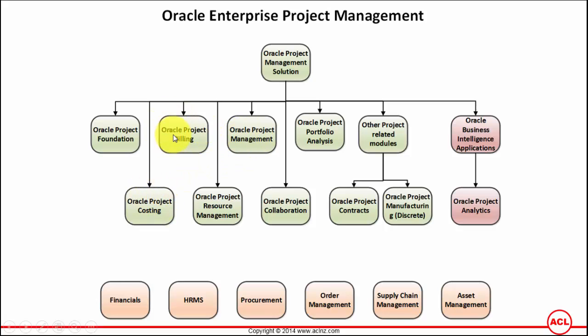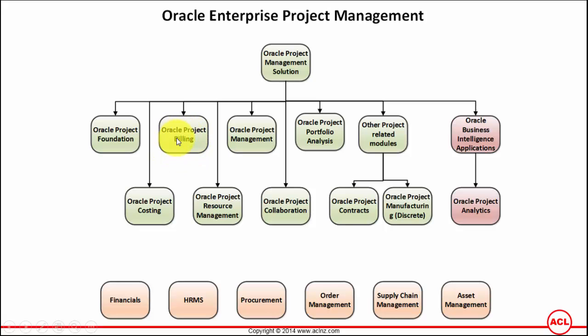So where does billing come in? As soon as you have got the cost, then as a project manager, you add the predefined margin rates to your costs and expenses, and then you bill it back to the customer. That's where the billing comes into the picture.